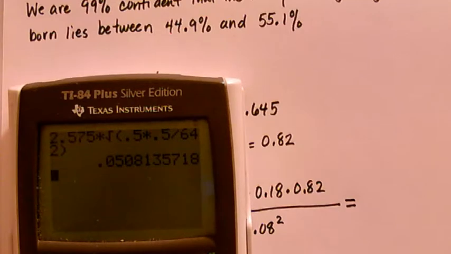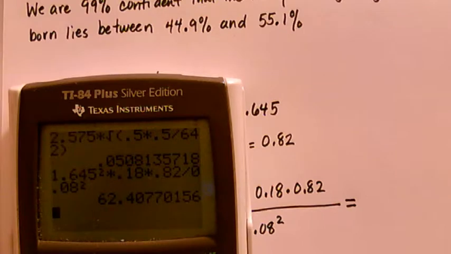Okay, so the numerator will be 1.645, and then we square that, times 0.18 times 0.82, and then that's going to be divided by 0.08, and then that's squared. Then hit enter.